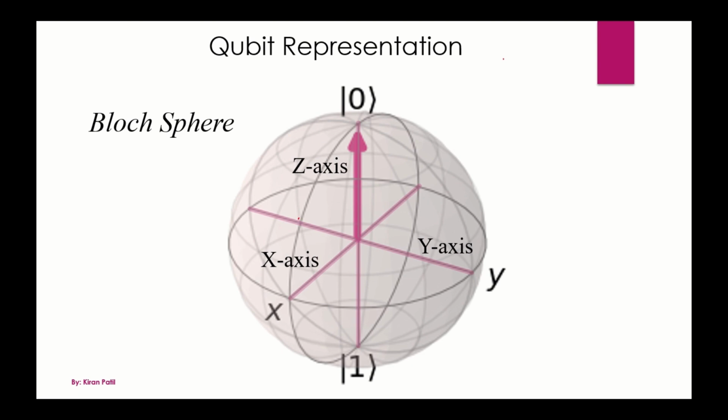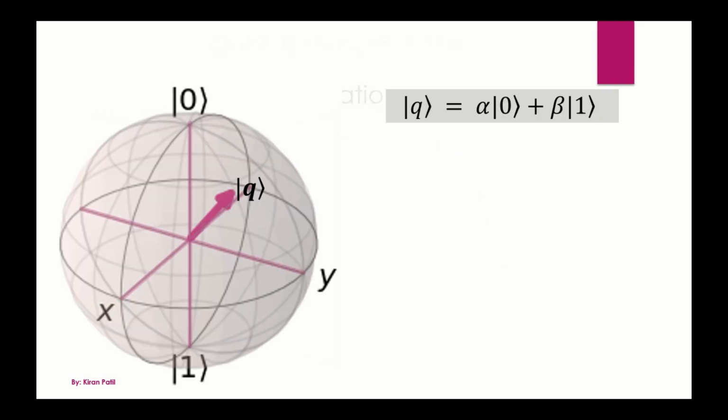Now we will understand how the qubit is represented in a Bloch sphere. To represent the qubit, as we know, qubit is equal to alpha of Ket 0 plus beta of Ket 1. Suppose I have drawn a qubit near the x-axis.